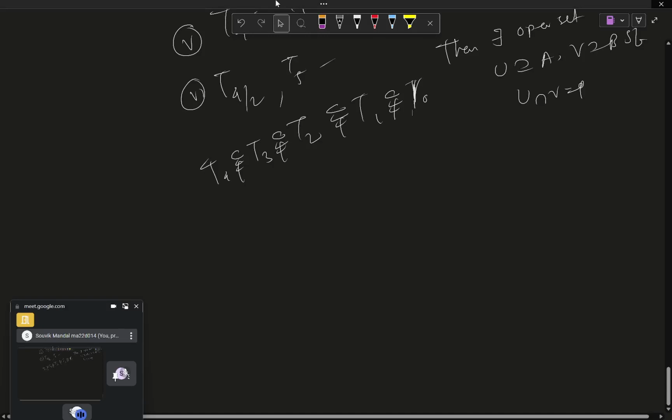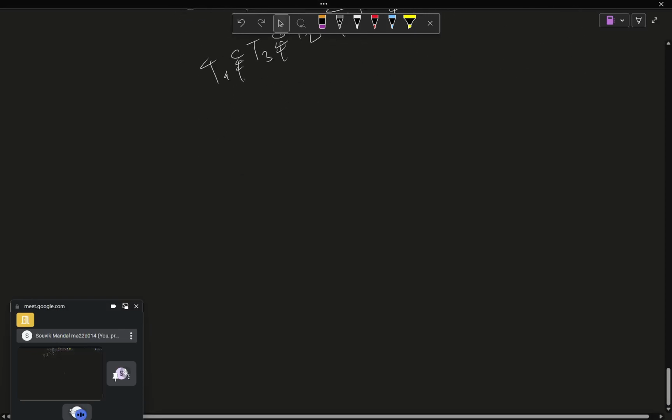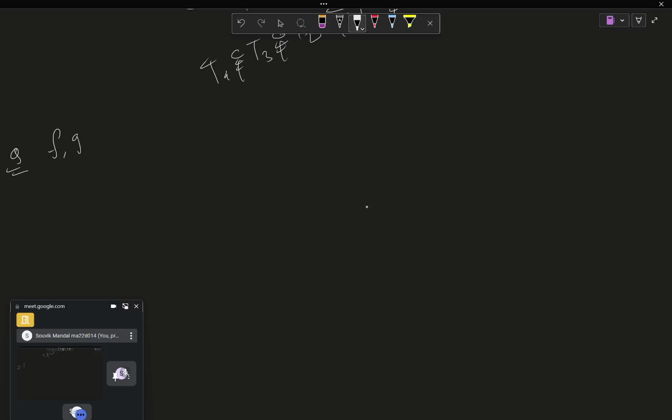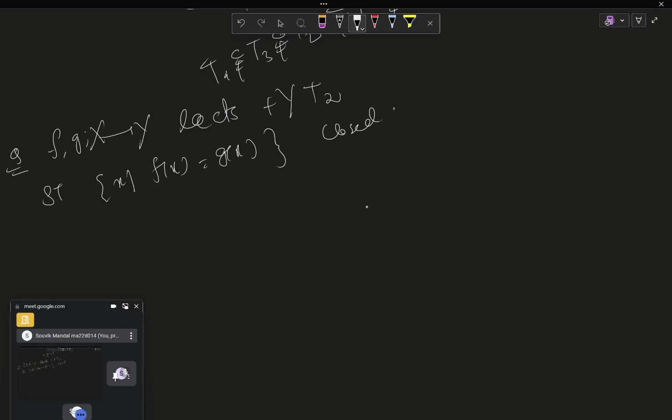There is a quite important, quite interesting question, which you should keep in mind. Suppose g is a map from X to Y, it is continuous, and if Y is Hausdorff, then show that the graph of g, that is, the set of x, g(x), is closed. This is one thing you should always keep in mind.